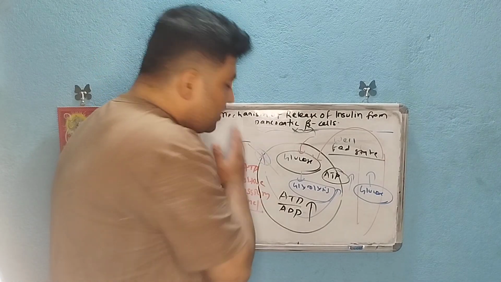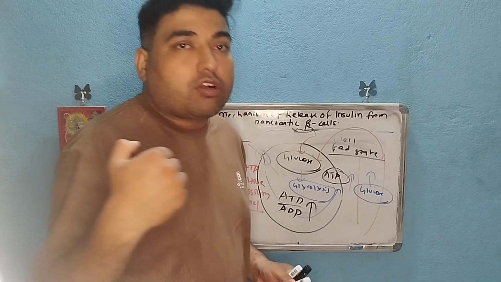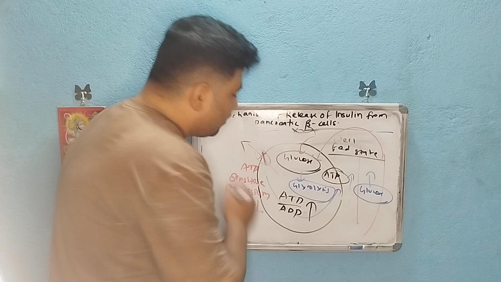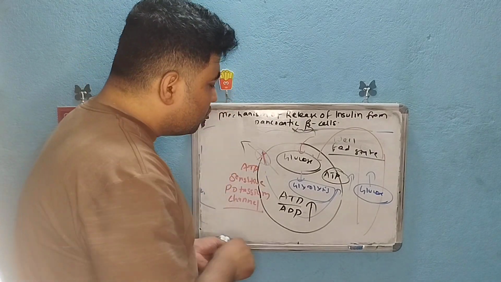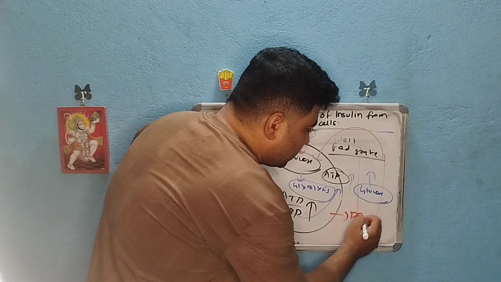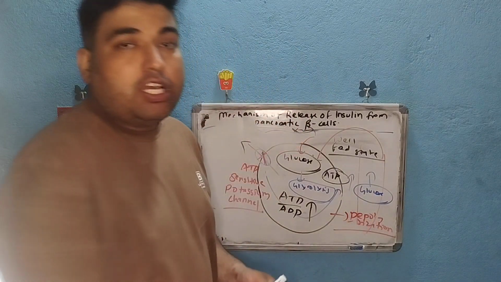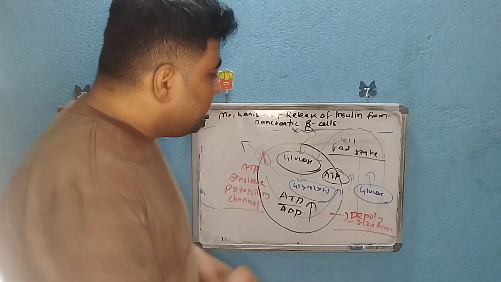Now in normal conditions, this channel allows potassium to come outside of the cells. The closure of this channel causes the inhibition of exit of potassium ions, leading to the depolarization of the pancreatic beta cell membrane.